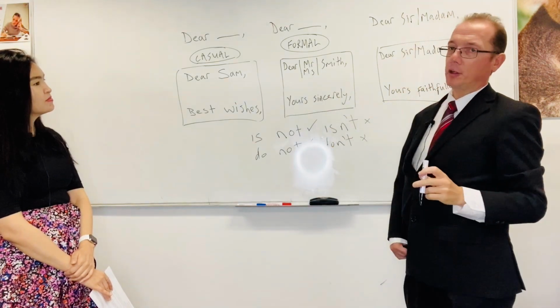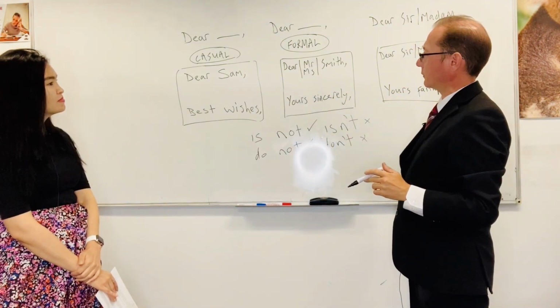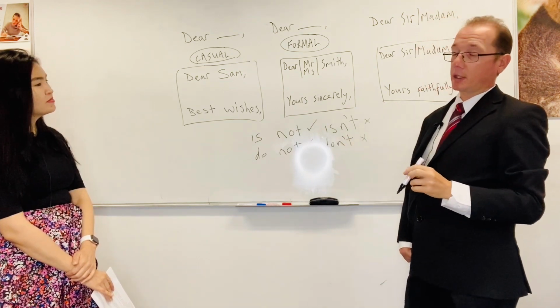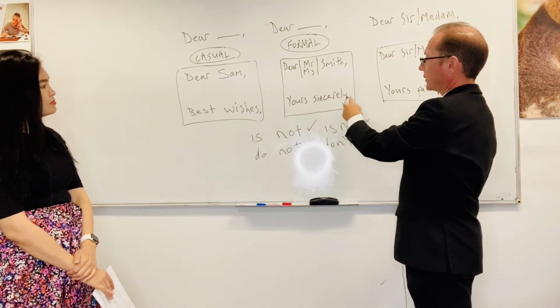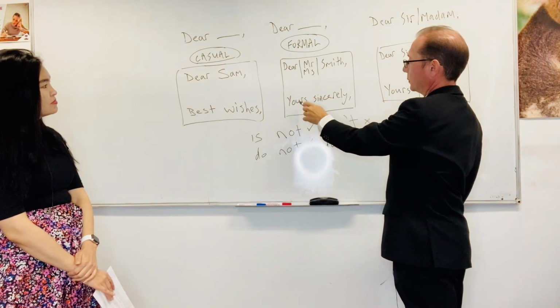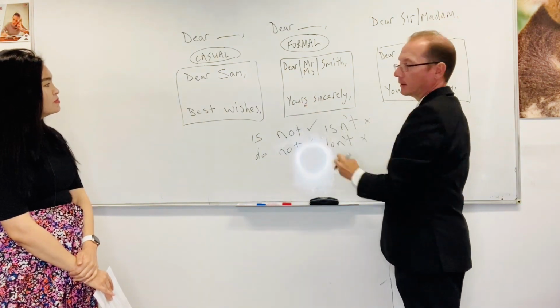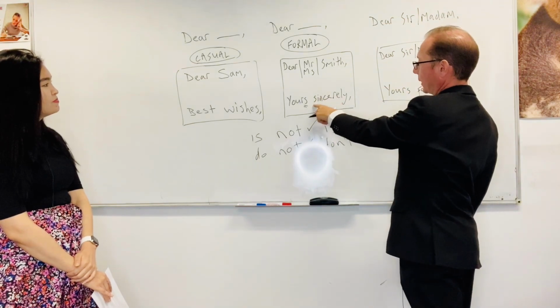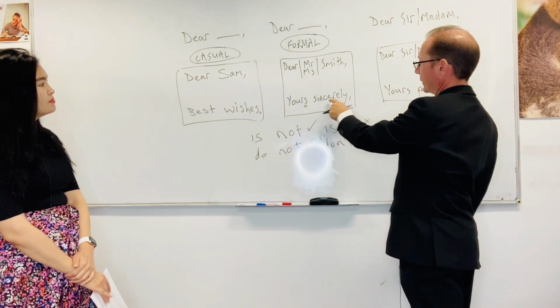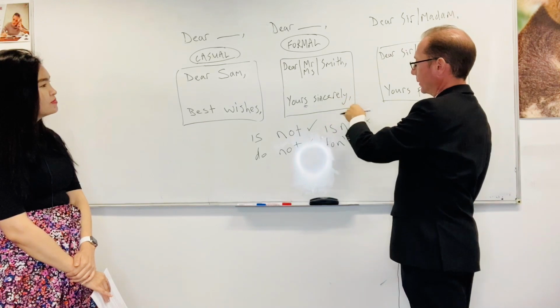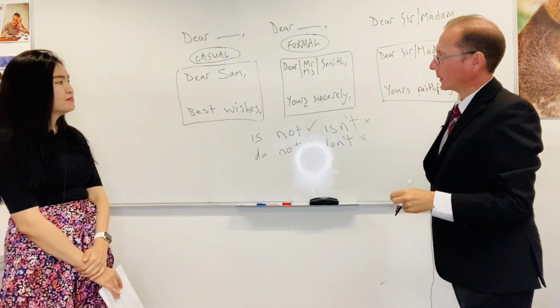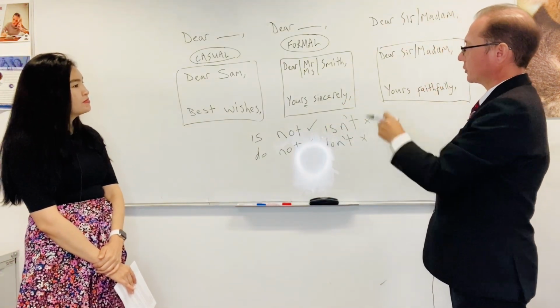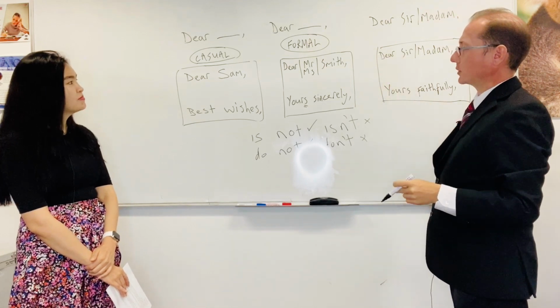And how should you finish a letter that starts "Dear Mr. Smith," "Dear Ms. Smith"? Traditionally, you should finish it "Yours sincerely," capital Y, O-U-R-S. Don't forget the S. A lot of students forget the S. Sincerely, small s. Don't forget E-R-E-L-Y, comma. Many native speakers don't know about this, but it should be "Dear Mr. Smith," "Dear Ms. Smith," "Yours sincerely."